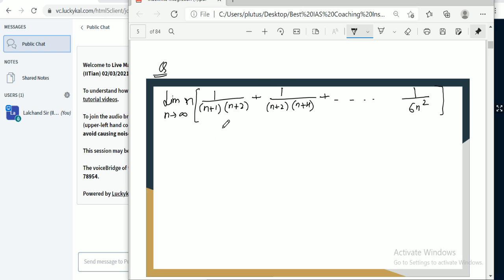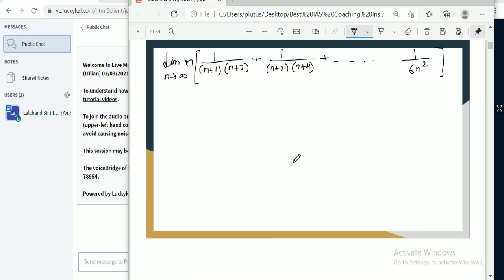Okay, if we look here at n plus 2, so here this is an increment of 1, this is an increment of 2. So we can say basically this is n divided by (n plus r)(n plus 2r), a kind of general term.